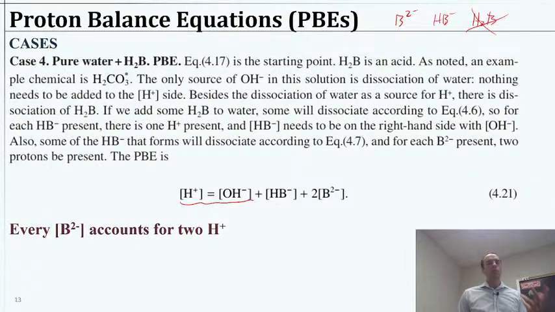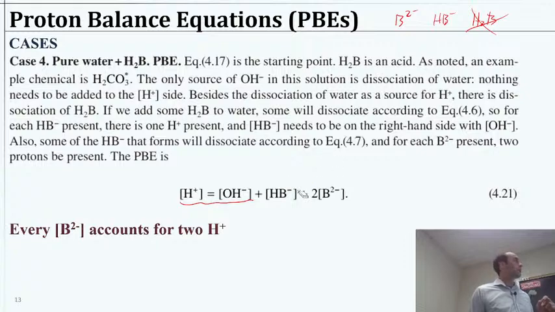Then when we form B2 minus, we are releasing essentially 2 protons. Now, this could get a little confusing, and I think this is where the book made that mistake earlier in writing it as 2 B2 minus. When we form B2 minus, you might think to yourself, well, we are forming it from HB minus, so it should just be 1. But the reference point is starting at H2B.